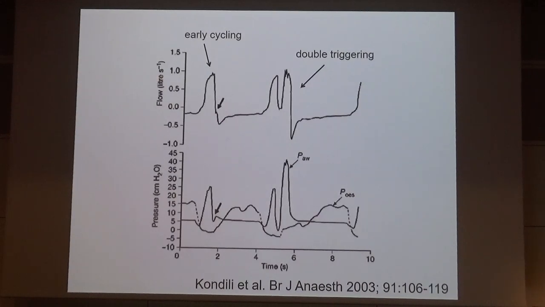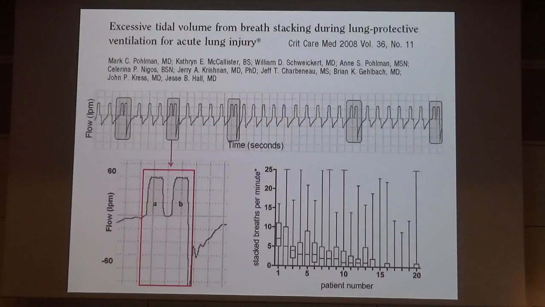And early cycling promotes as well double triggering, that is two mechanical breaths triggered by a single patient effort, usually without effective expiration in between. And this sort of breath stacking, we now know, may be injurious for the lung, especially if volume control mode is adopted.